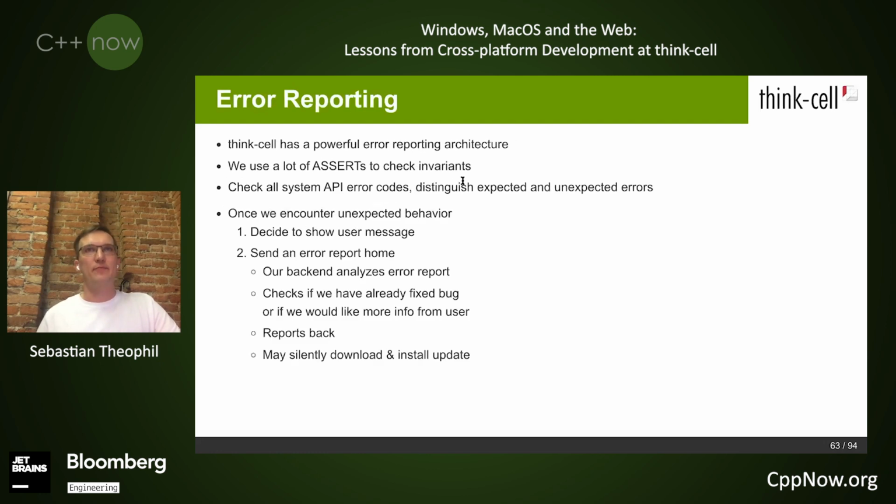Regarding error reporting, we have a very powerful and pretty special error reporting approach and architecture that I think we've done entire talks on. We use a lot of asserts in our code, and we leave them in, even in release builds. And we always check return codes from system API calls, all of them. And for each system call, we distinguish between expected return values and unexpected return values.